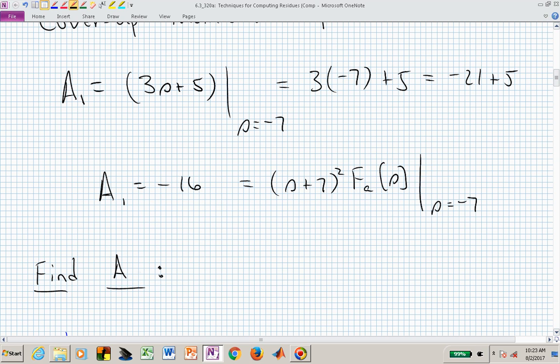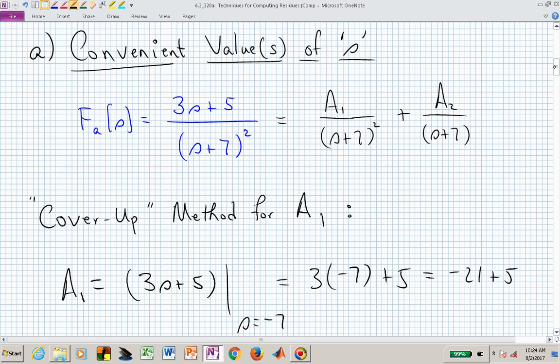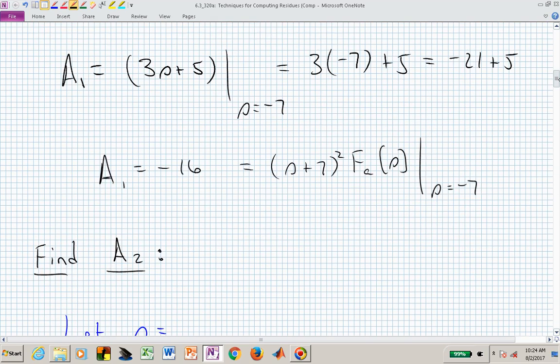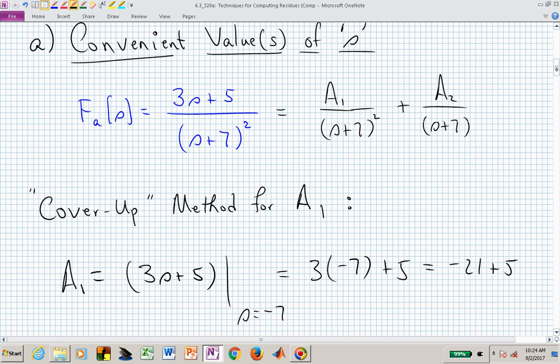Now we need to find a sub 2, and we can't invoke that same strategy. We can't multiply by s plus 7 and evaluate at s equal to minus 7 and hope to find any way of isolating a sub 2. That's just not going to happen. So now let's pick a convenient value for s.